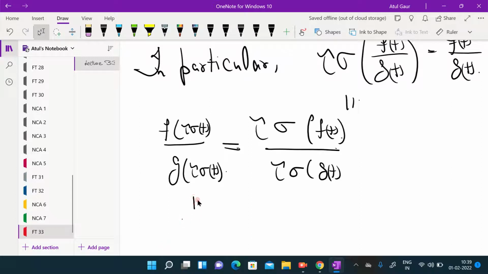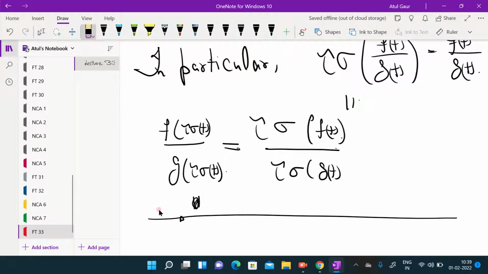Now what is tau sigma t? Anyone please? Yes? 1 minus sigma t. No, no, tau sigma t. t minus 1. t minus 1 will come, right? Please check your calculation. You must have made a mistake somewhere. It should be t minus 1.